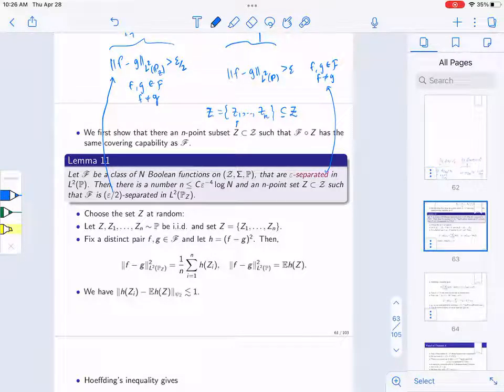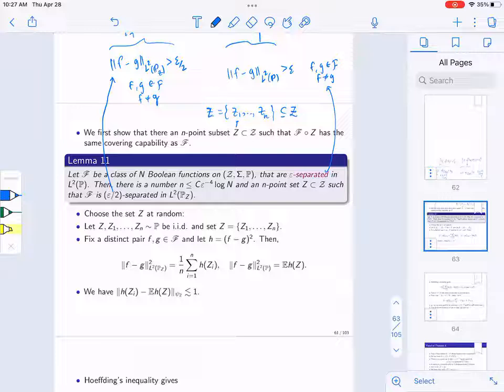Is the statement clear? It's a little bit of a complicated statement, but what this is saying is basically that once I restrict myself to this, these functions are still separated enough. Because if I restrict myself to a subset of points, it could be that these functions are no longer separated enough.